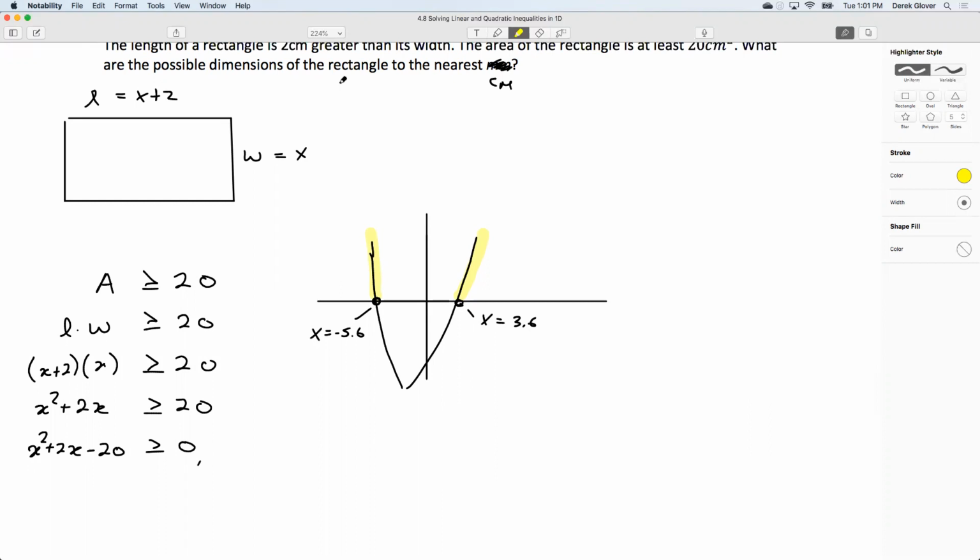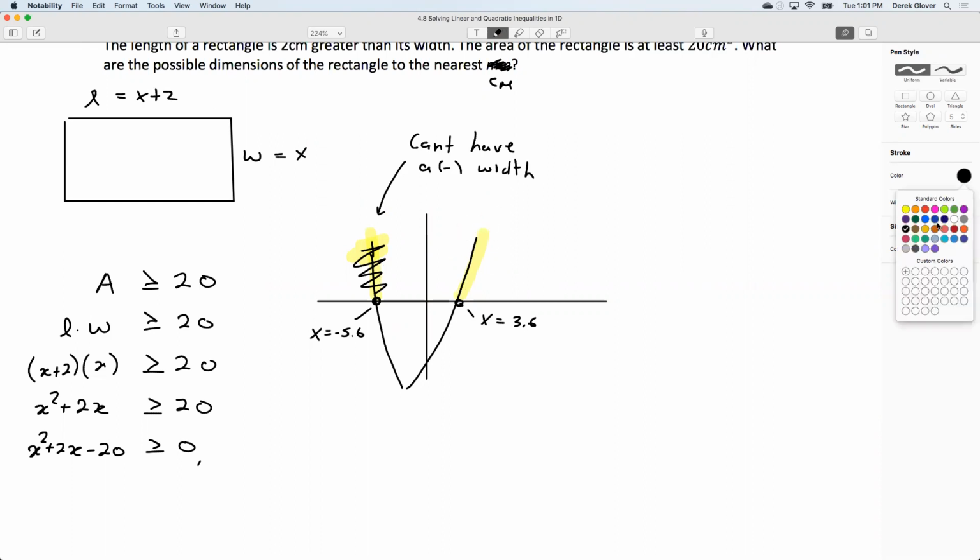So while technically part of our solution set could be over here, we're not actually going to include those answers because we can't have a negative width of a box. So anything over here, we're going to disregard. So really, this is our answer over here. This is our solution. Everything above this point.